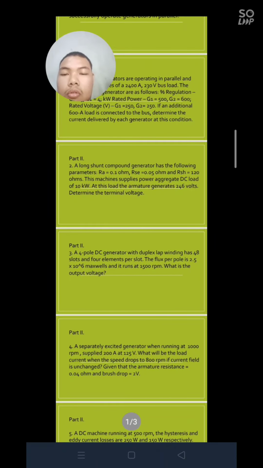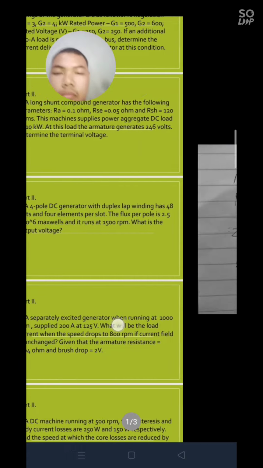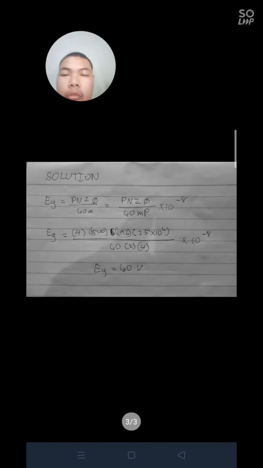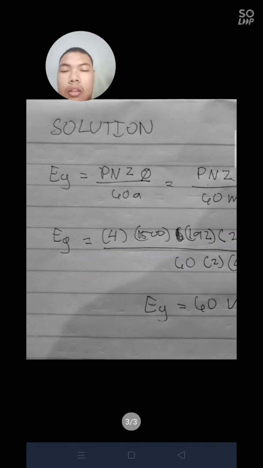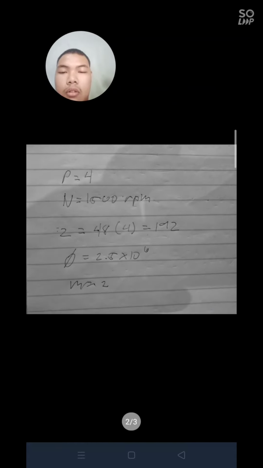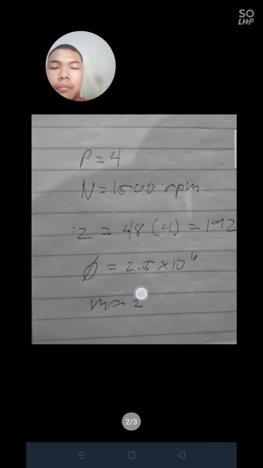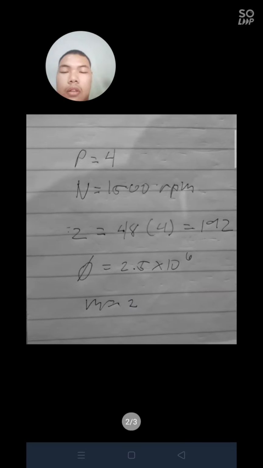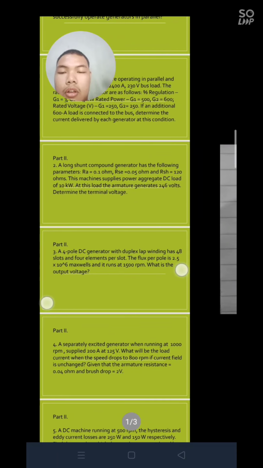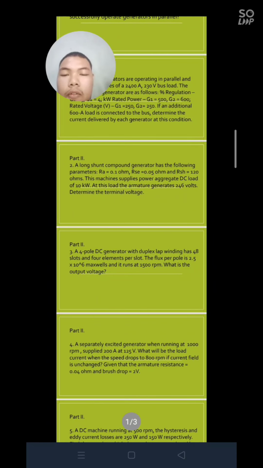So first, let's find the given. Our formula is EG equals PNZ flux over 60 over A. So let's find them. P is 4, N is 1,500 RPM, and Z is 48 times 4 equals 192, since there are 48 slots and 4 elements per slot, so 48 times 4.